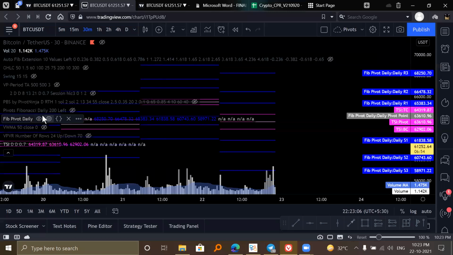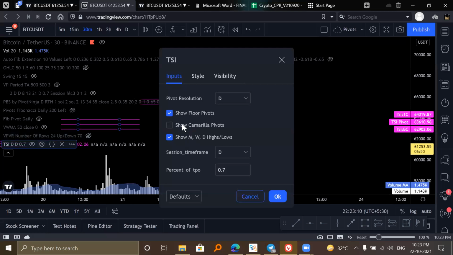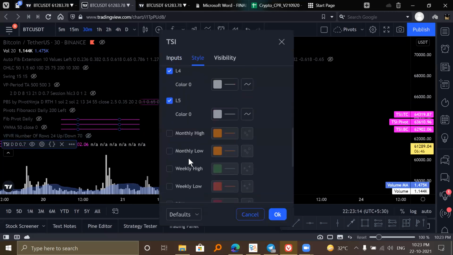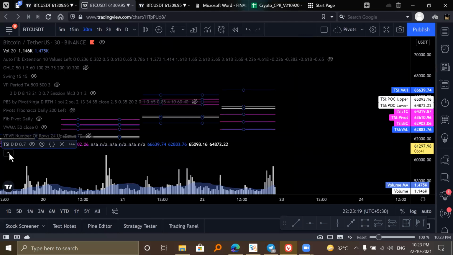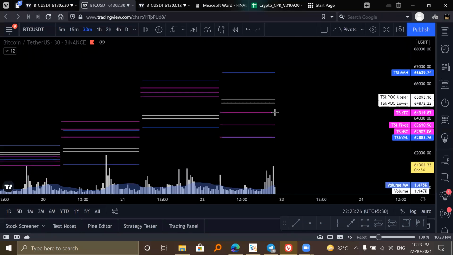And now we'll see the money zones. Okay, yes, money zones. So money zones consist of only 4 lines. Only 4 lines.